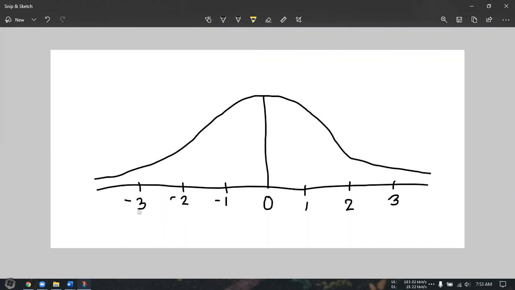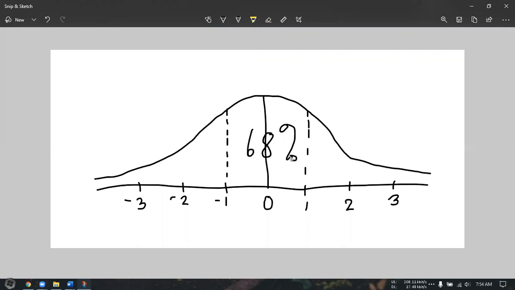Now, based on our definition, 68% of the distribution is your -1 to +1. This is the 68% distribution, the middle values. Let's say for example, CSA students, and we are looking for the average height of CSA students.